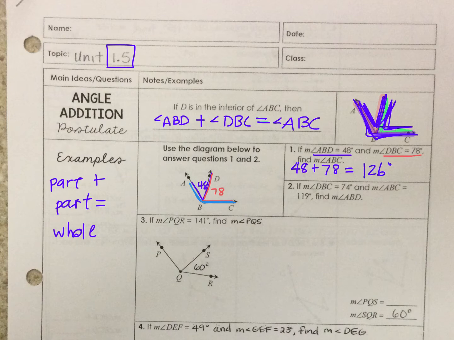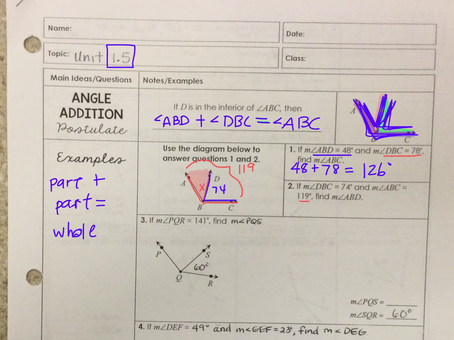All right, I'm going to erase it, and we're going to read it again, and then we're going to put different numbers. DBC, that angle right there, is 74. ABC, that's the whole thing, is 119. And it wants to know how much this missing part right here is. So I need to label it.